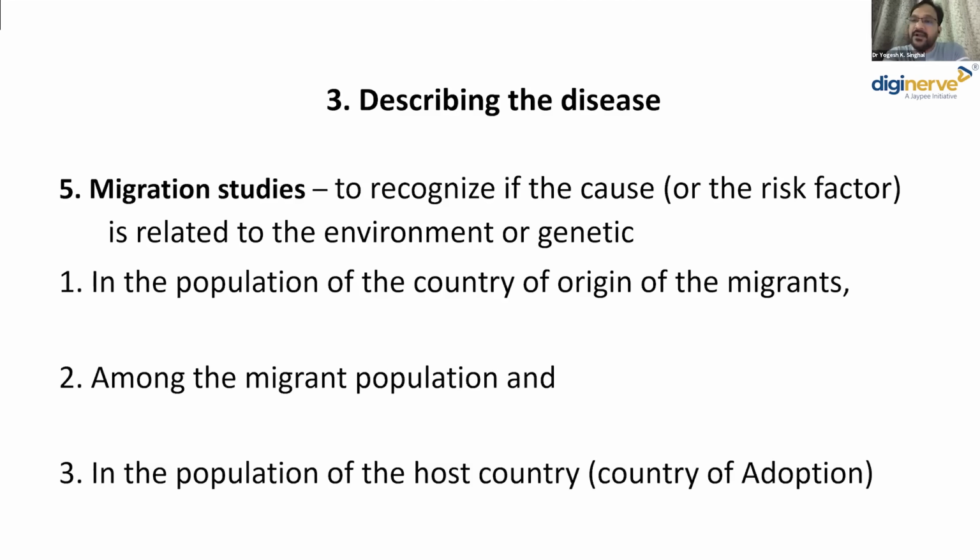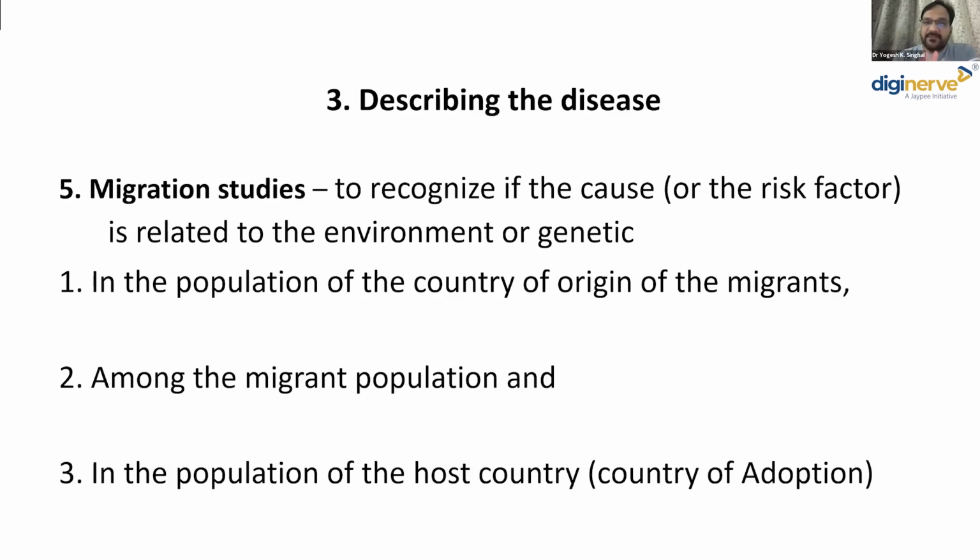Okay. If a migratory population comes from Africa to India, and after coming to India, they are affected by a particular disease, and it is only that population, it means that disease was in their genes. So if a disease was in the environment, they will not have the same incidence after migration. But if the disease is in the genetics, they will bring the disease to the other country.